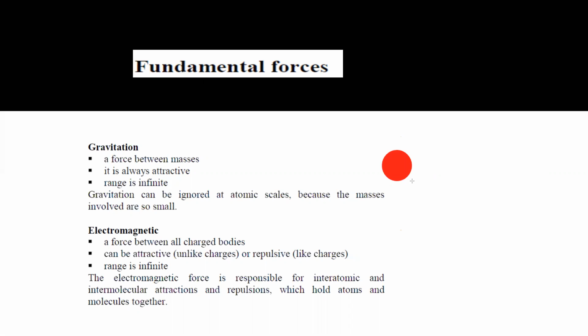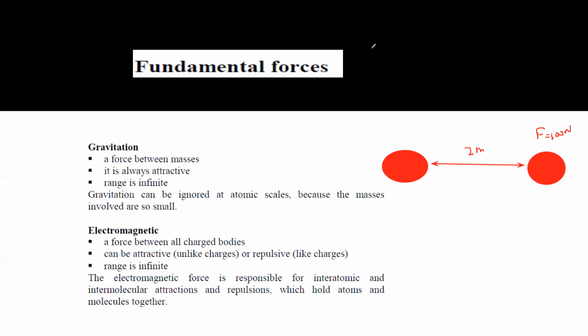Say you have two objects which are separated by a distance of 2 meters. And for example, this object was experiencing a gravitational force of 100 Newton.